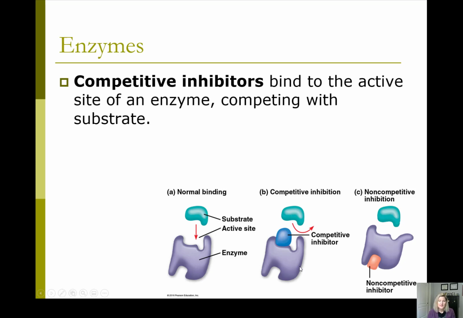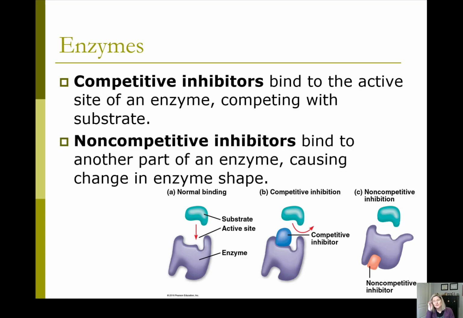Another way that we can regulate enzymes or prevent them from catalyzing reactions is through non-competitive inhibitors. In non-competitive inhibition, the substrate's not competing with the inhibitor, but the inhibitor is binding to the protein at a different location that causes the active site to change its shape.